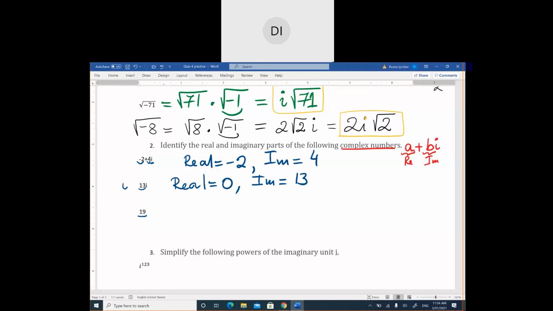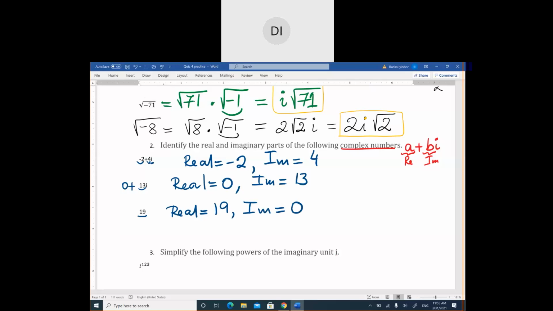So the other one I can write as 0 plus 13i. So there is an invisible 0. Now for this one, what is the real component? 19. 19 is the real. And what is the imaginary? 0. The imaginary is 0 because there is no number with i.